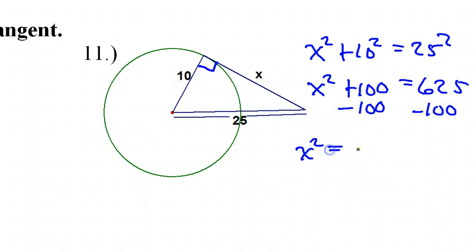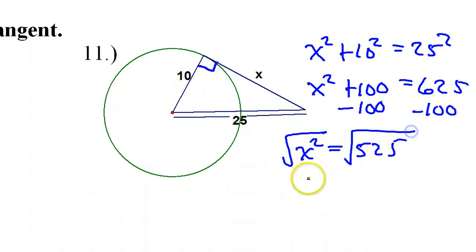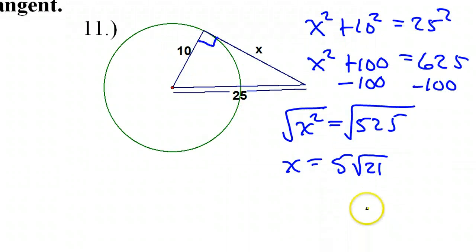That gives me x squared is equal to 525. Take the square root of both sides. Let's see, the square root of 525, and I get 5 radical 21. All right, the decimal form of that would be approximately 22.91.